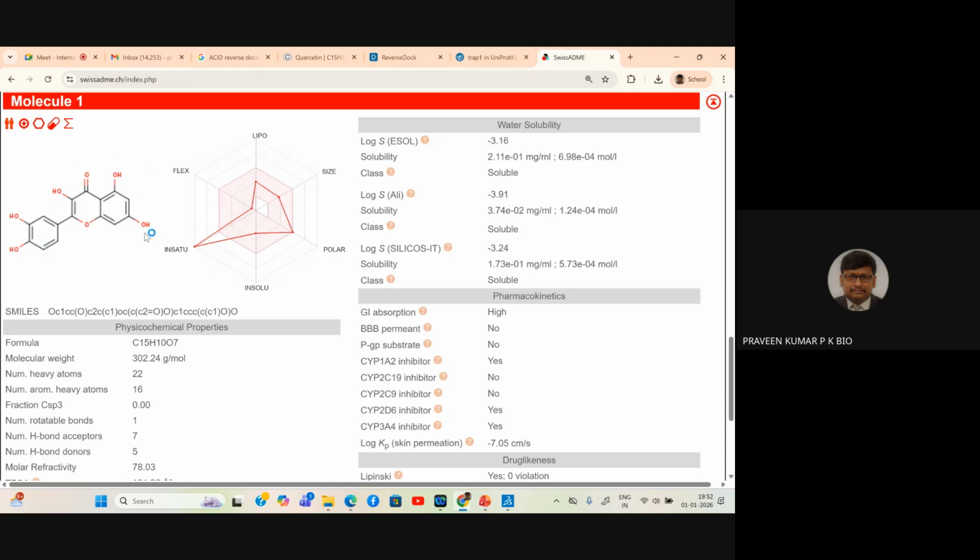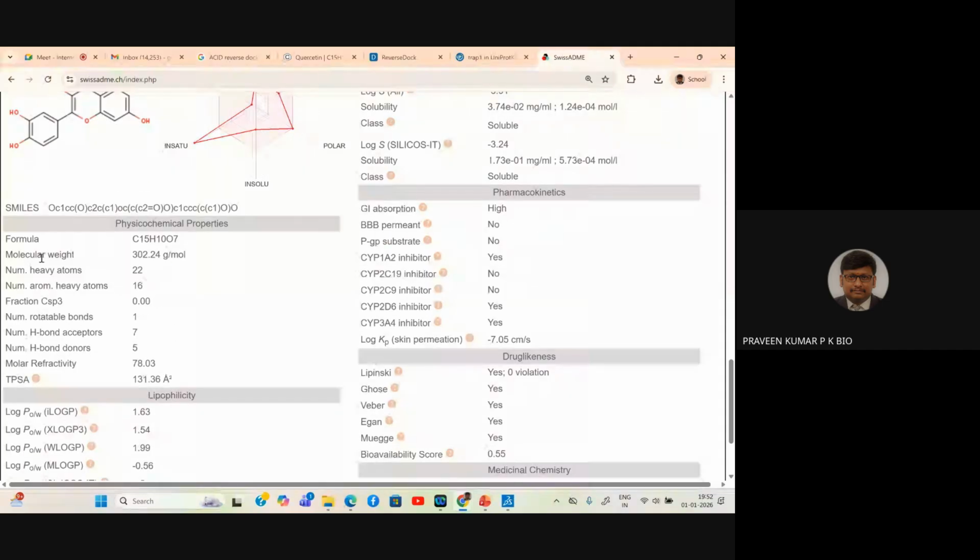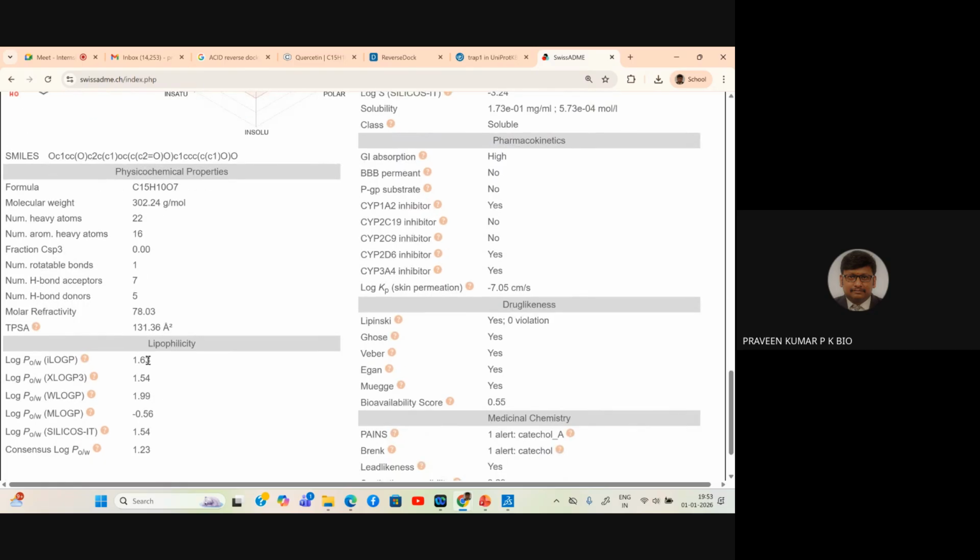This is quercetin. Here you can see the molecular weight is less than 500, the hydrogen bond acceptor less than 10, donor less than 5, and the partition coefficient less than 5. So all four properties are satisfied.